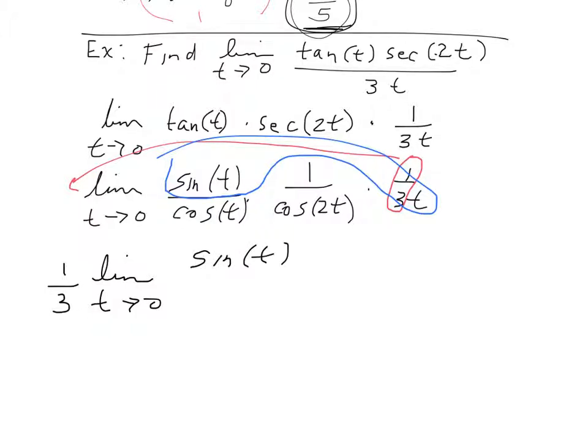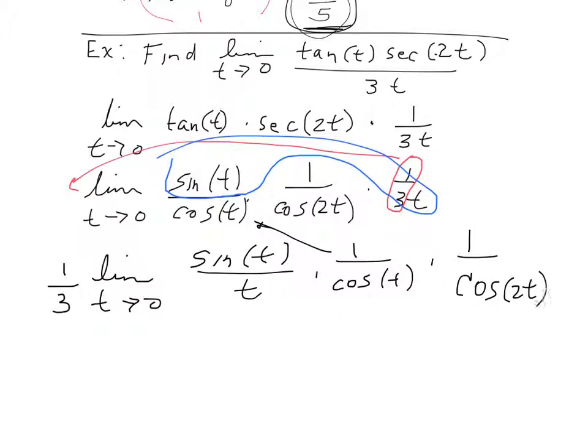Hopefully, when I do that, you say, aha, there's my 1. And then I just multiply all these pieces that are left. So this becomes my 1 over cosine, and my 1 over cosine 2t. I know that that is 1.